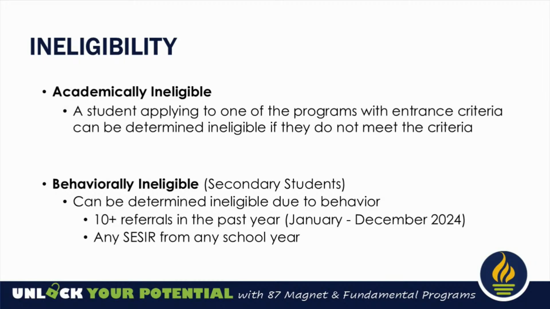An assessor just means a serious violation of the student code of conduct or anything that involves law enforcement. So we'll pull a report that alerts us for any students that have 10 plus referrals and or assessor from any school year.